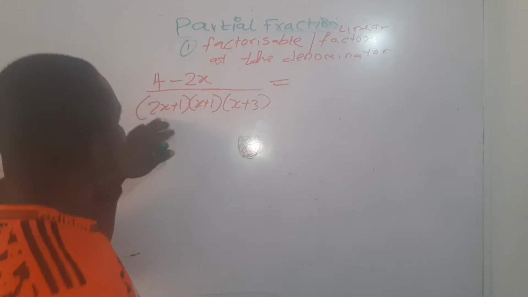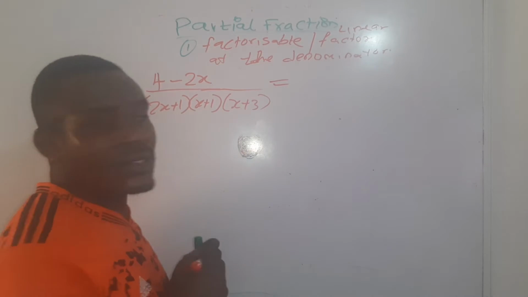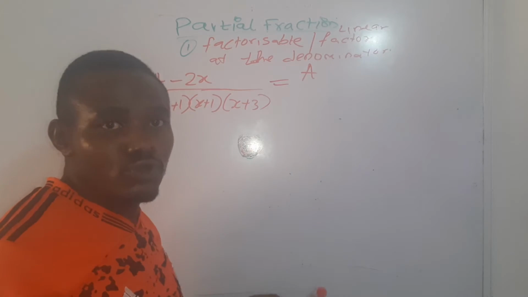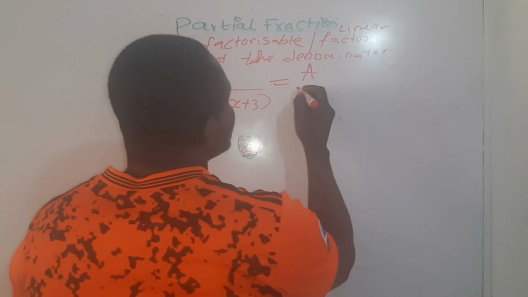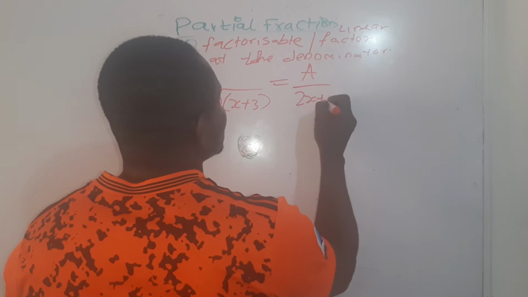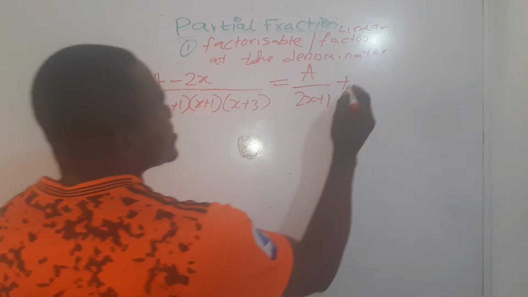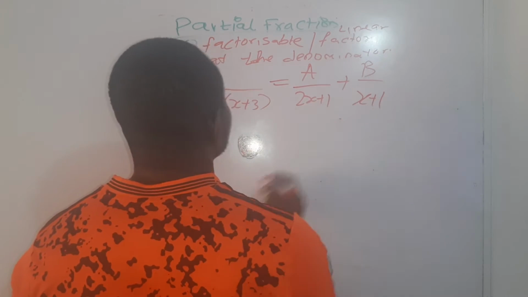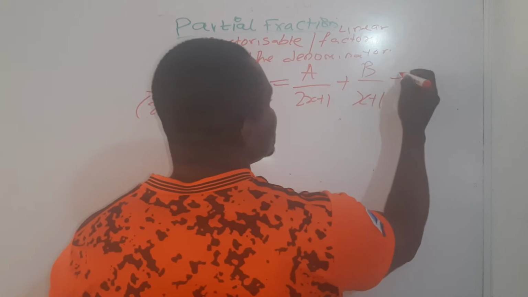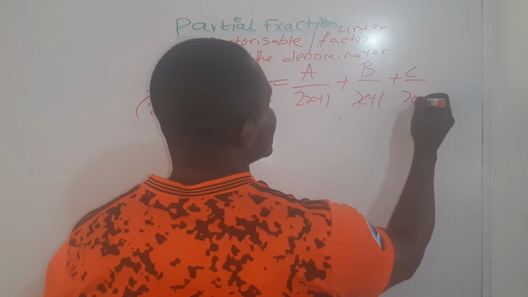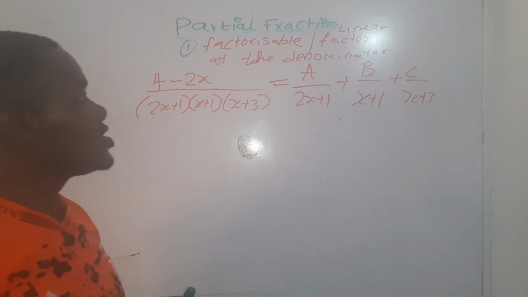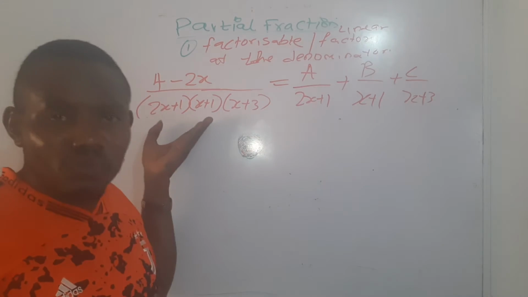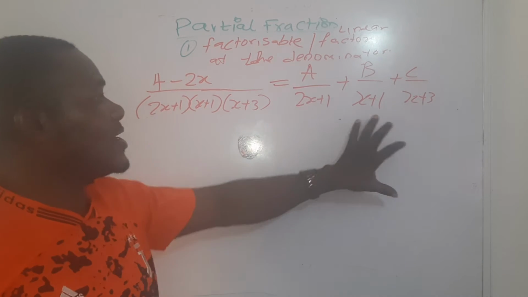So for the first one here, which is 2s plus 1, let the numerator be something we don't know, a, over 2s plus 1, plus b over s plus 1, then the last one, c over s plus 3. You can only expand in this form provided that the denominator is factorizable. Then you can now solve this.